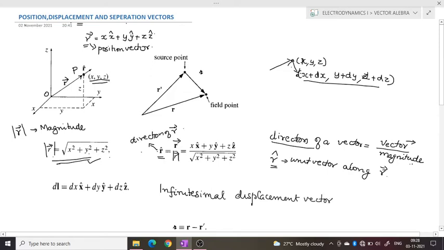So what is the infinitesimal displacement vector? It is the distance from this point x, y, z to x plus dx, y plus dy, z plus dz.